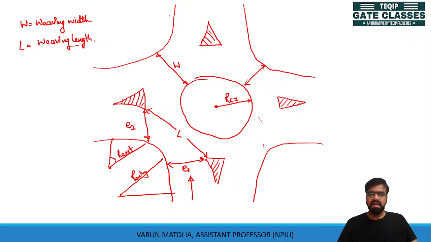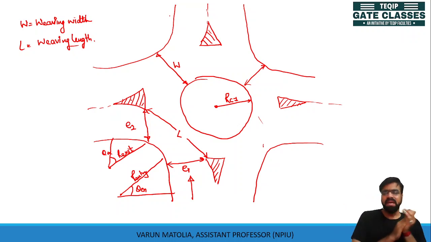We have these angles, the entry angles and exit angles, theta entry, theta exit. These are your approach towards. You can divide this with median, and this is a line diagram of your rotary.